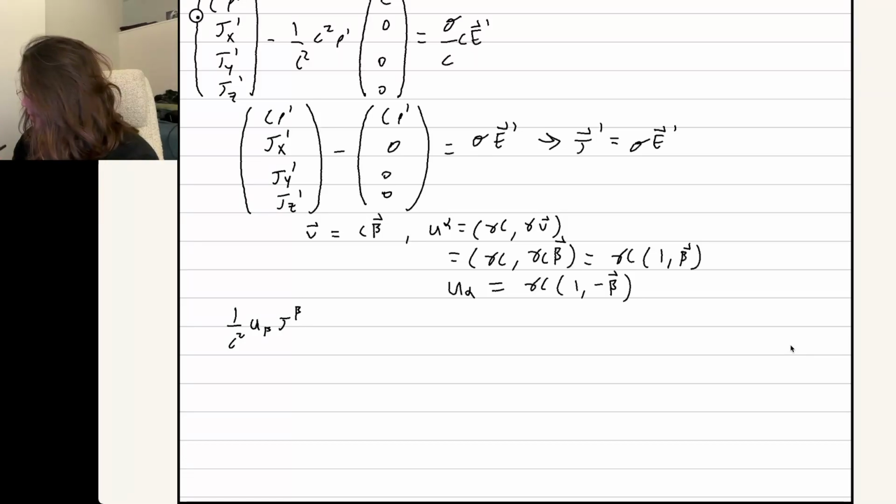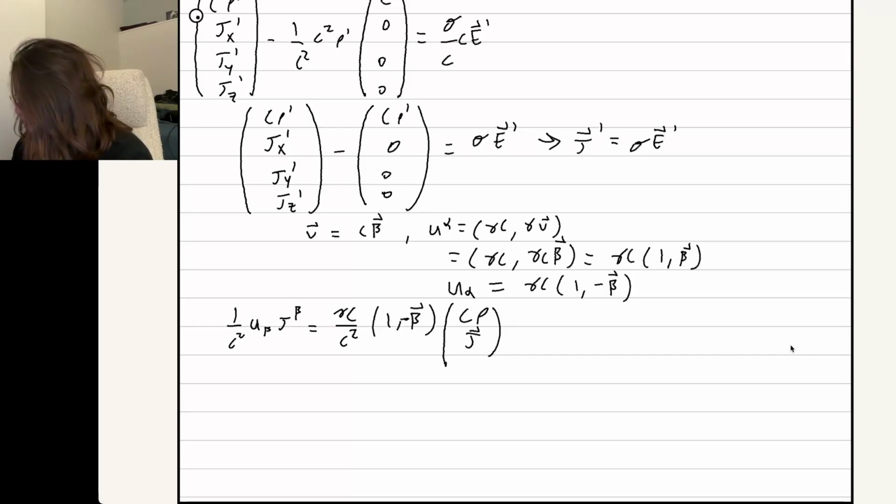In this scenario, this is going to look like gamma c over c squared, and then we have the rho, 1, beta vector, but it's the minus beta vector actually because it's contracted. And then we have the column for current. So we have c rho here, and then the j vector there.